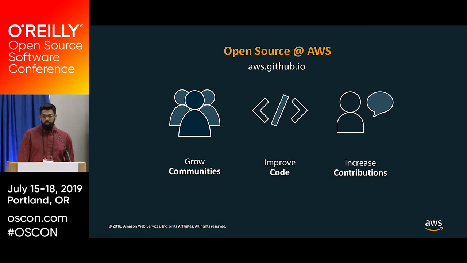We have open sourced hundreds of projects on GitHub in the last decade, and these projects range from SDKs to client-side tools. We also open source some of the foundational components of our AWS services, like Firecracker, for example. You're going to hear someone talk about Firecracker next.